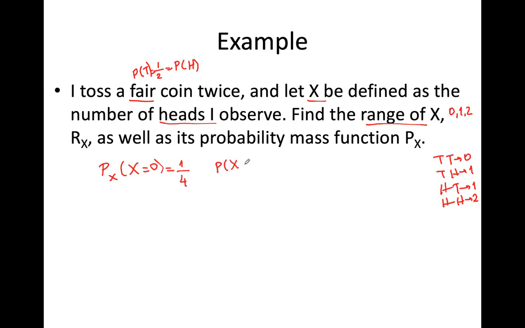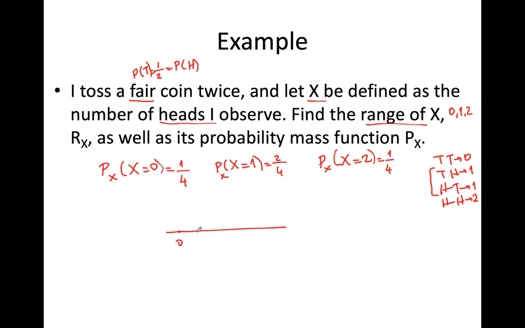P(X = 1) means the number of heads is 1. In 2 cases, I will have 1 heads, so that means 2 over 4 or 1 over 2. P(X = 2) means if I flip a coin 2 times, I will have 2 heads, and it will be 1 over 4.